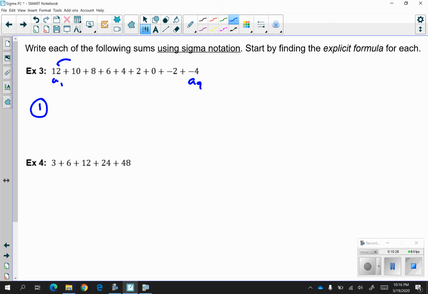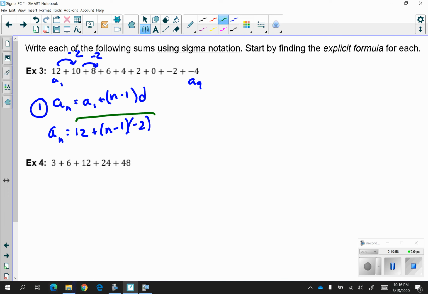If you notice in this pattern, we are subtracting 2 each time. So that means I'm going to go with the explicit arithmetic formula. That's a sub n equals a sub 1 plus n minus 1 times d. My first term is 12, and my common difference is negative 2.